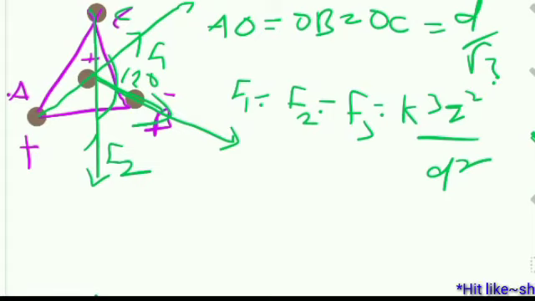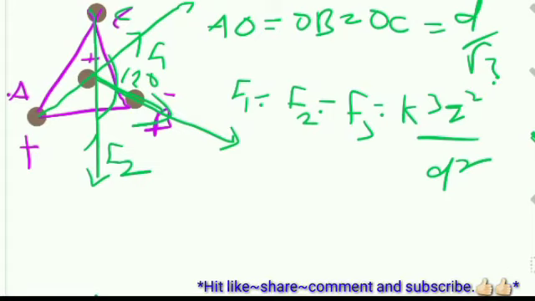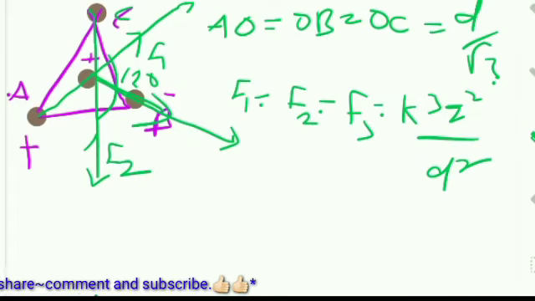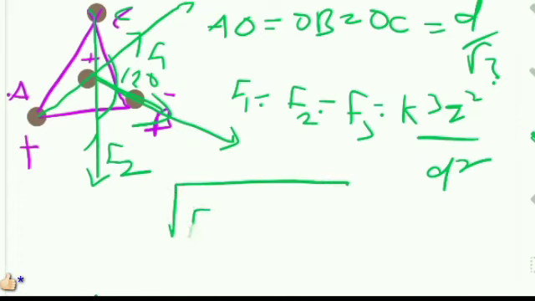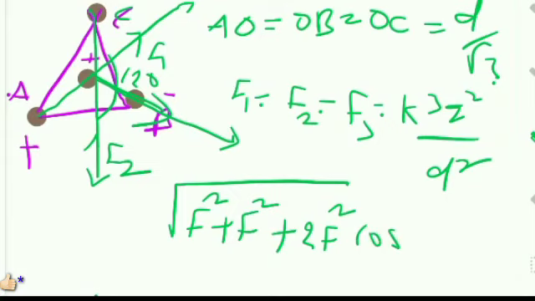Then the resultant force is F square plus F square plus 2F square cos 120.